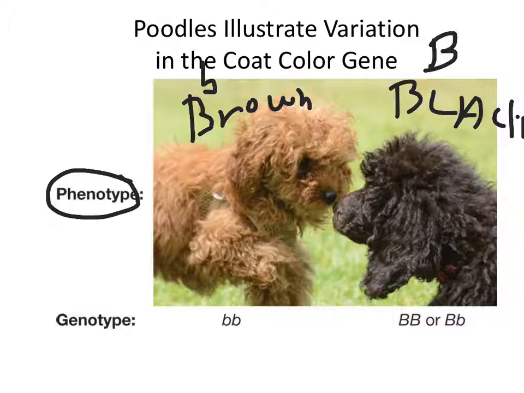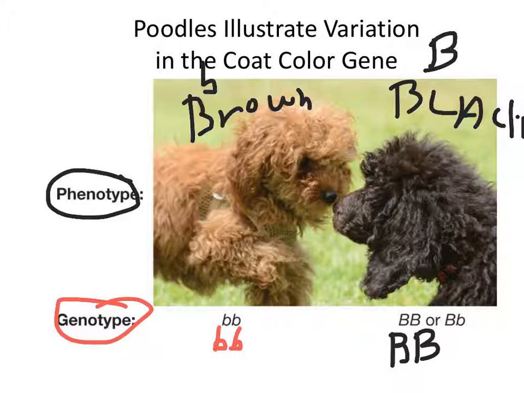Here's the genotype, the underlying genes, and for brown, it's recessive, so you need 2 small b's. But for black, you either need 1 large B, 2 large B's, or 1 large B and 1 small b.